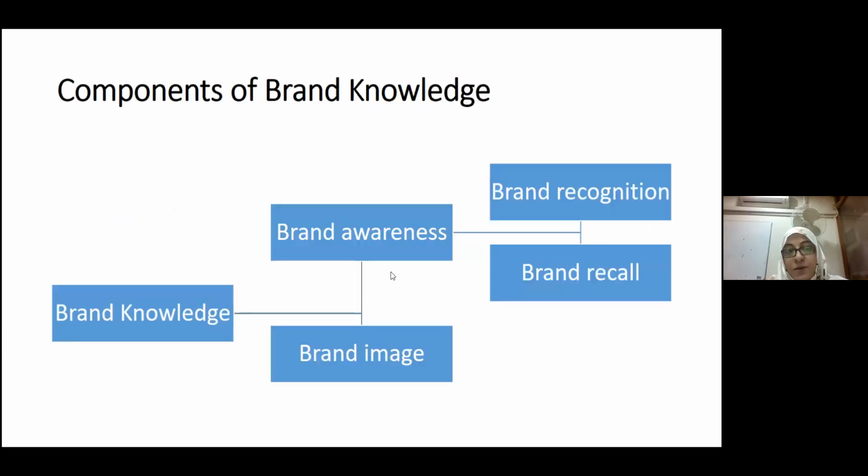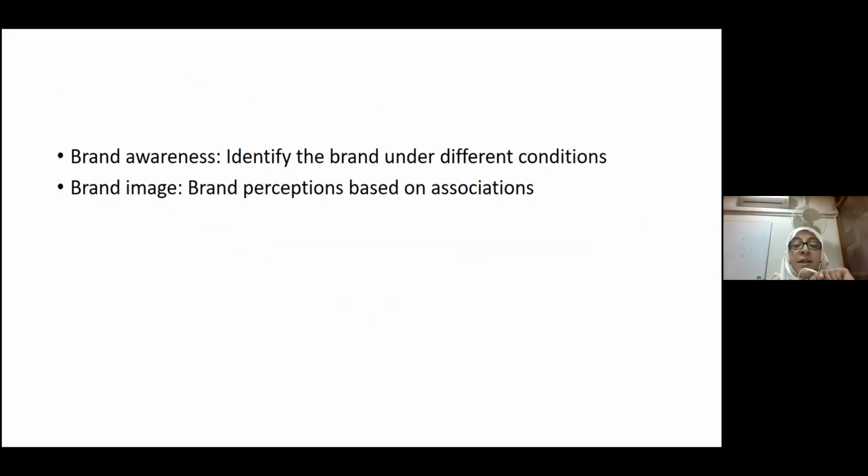Okay, moving on to the components of brand knowledge. Brand knowledge is the organized knowledge in our minds about a brand. It can be divided into two main components, the awareness about the brand and the brand image. Brand awareness means how you can identify the brand under different conditions.